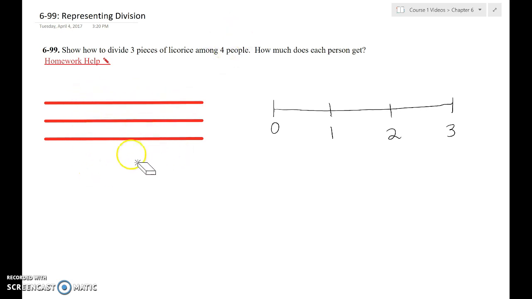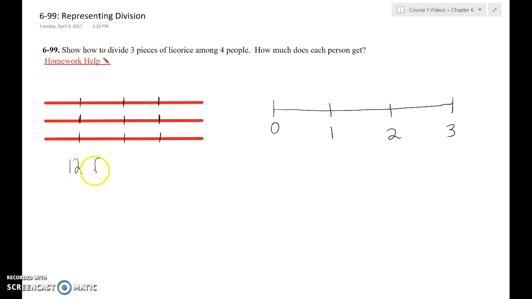What about if I cut it into fourths? What if I cut these 3 pieces into 4? So here's cutting it in half, and then here's cutting those halves into half. So that's 4 fourths, 8 fourths. So this is now 4 fourths, 8 fourths, and 12 fourths.